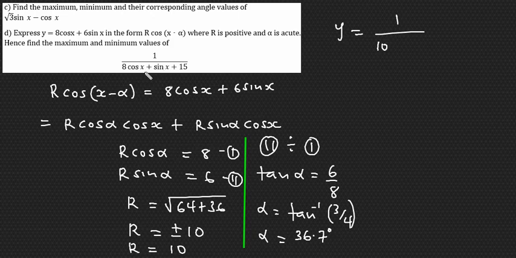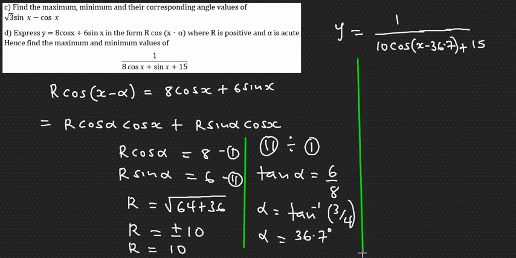We have expressed this in this other form, so this is going to be 10 cos(x minus the angle 36.7) then plus 15. So you need to find the maximum and the minimum values.